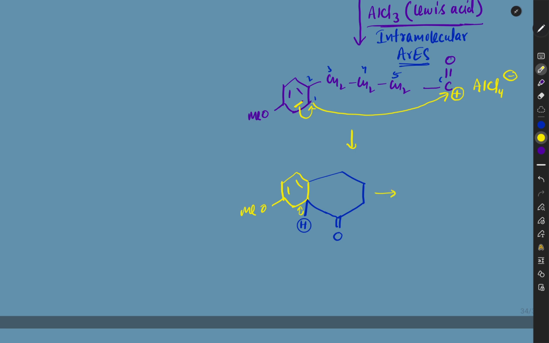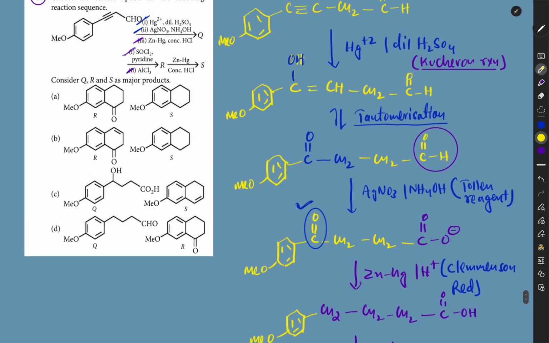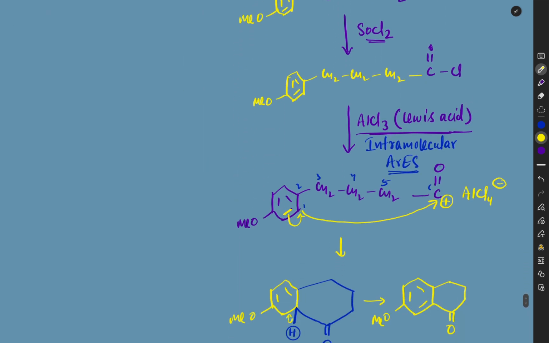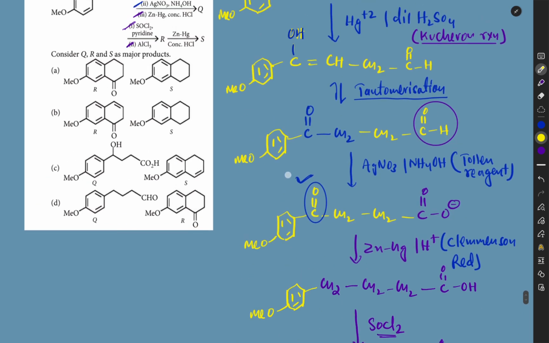So aromaticity is regained. So we'll have OMe, and a 6-member ring in this way. Now this is basically R. This structure we are getting, the R structure, is present in only one option. It is only given in option A.